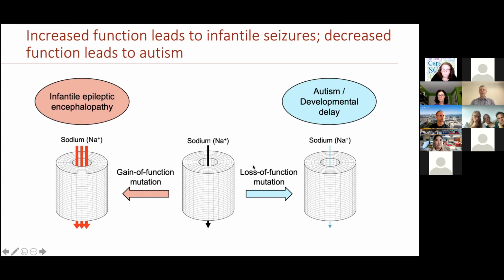This leads us to a relatively simple model of what we're trying to achieve in our therapy. On the gain of function side, ideally, we would have less SCN2A, trying to reduce the influx of sodium. In contrast, for the loss of function mutations, we're trying to have more SCN2A to increase the influx of sodium. I would note this is a slight oversimplification.